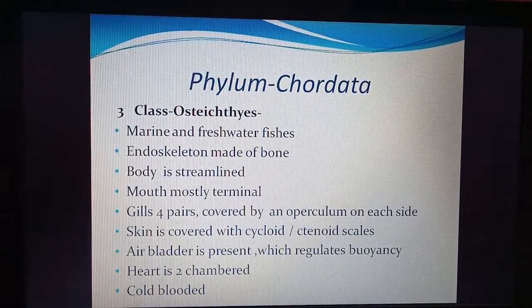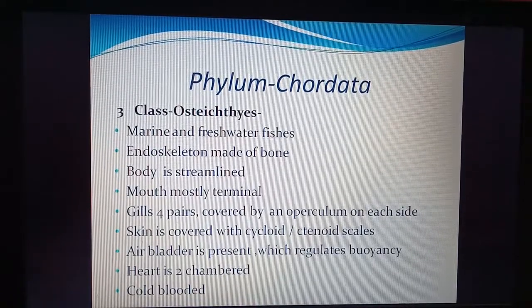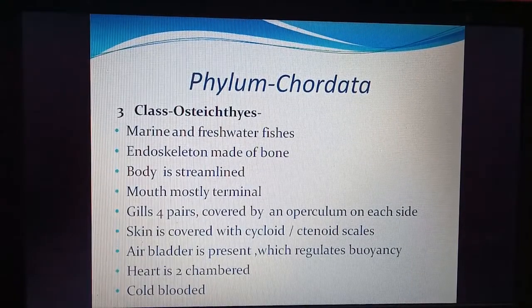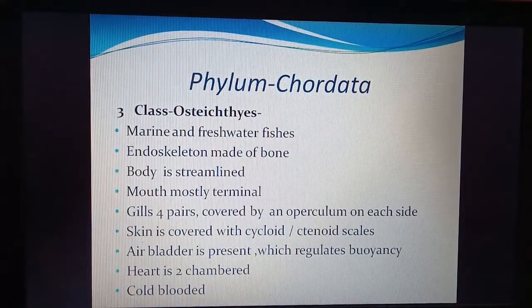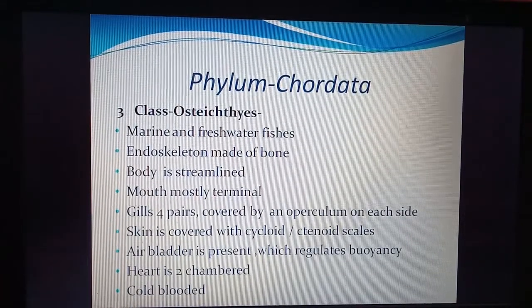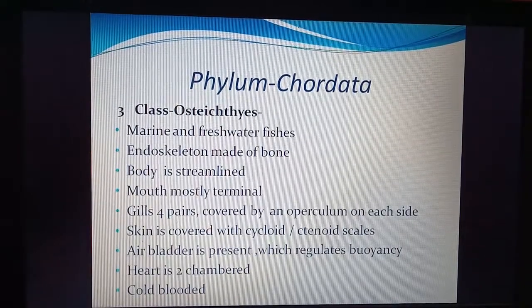Air bladder is present, which helps in floating or buoyancy. Heart is two-chambered, so there are only two chambers, upper atrium and lower ventricle. They are cold blooded, so they cannot regulate their body temperature. They are affected by the surroundings.